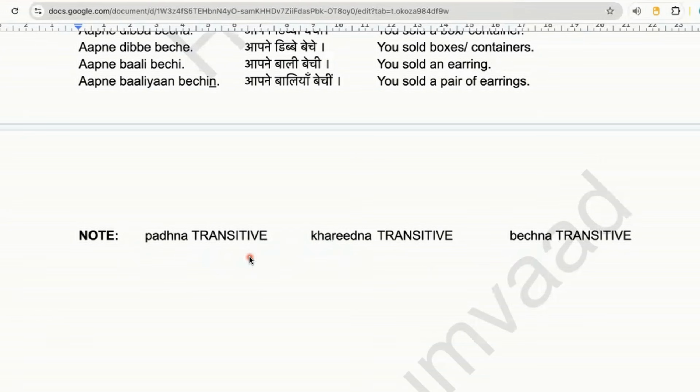You just have to remember whether it goes with nay or it doesn't. So padhna goes with nay because you can ask kya padhna. Kharidna also goes with nay because you can ask kya kharidna. It's a valid question that gives you a proper answer. And bechna is also a nay verb because again, you can ask the question, kya bechna? And it gives you an answer.